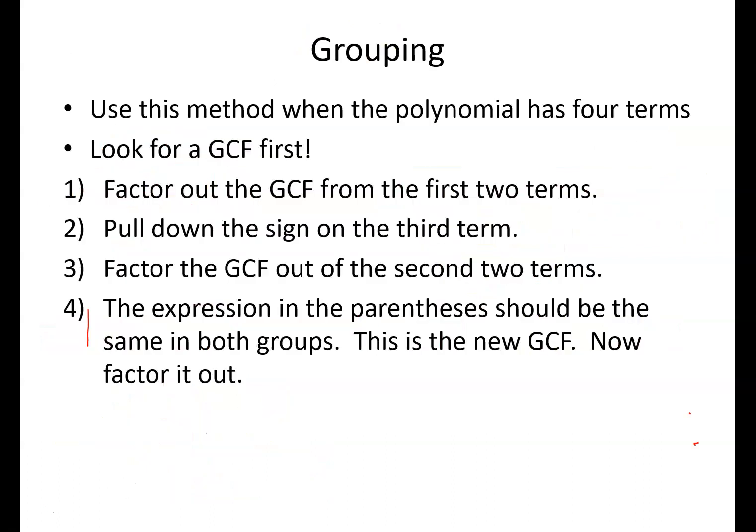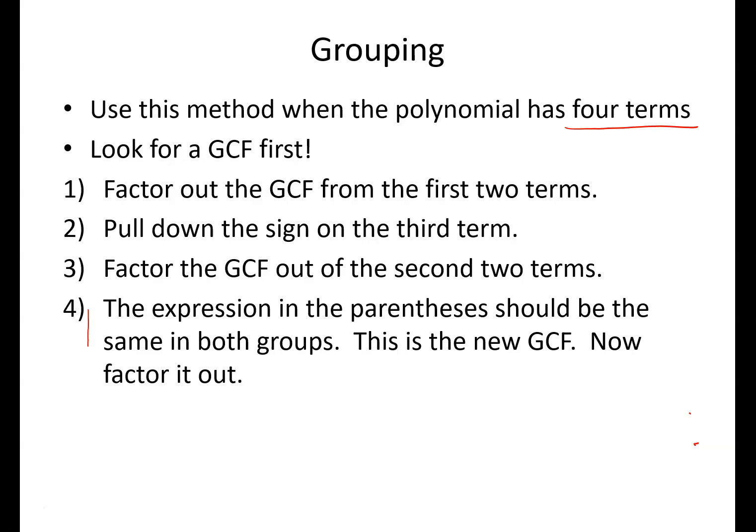The next type of factoring we're going to look at is called grouping. The only time you factor by grouping is when you have 4 terms. The first step is to always look for a GCF, and that's why we covered it first. So no matter what type of factoring you are doing, you always look for a GCF first.